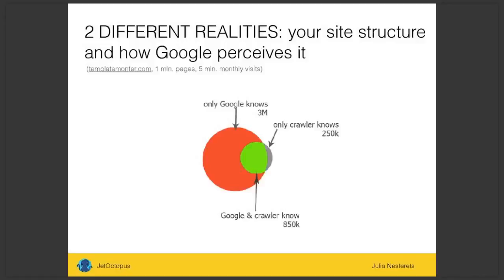And here you see that only 850,000 pages are effectively crawled by bots. So they are in the structure of the website and they're effectively crawled. And there are 250,000 URLs which are in the site structure, so they are important for the business, but they are not known by Google.